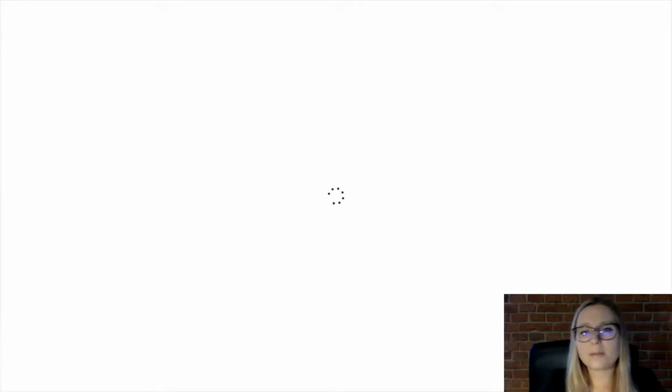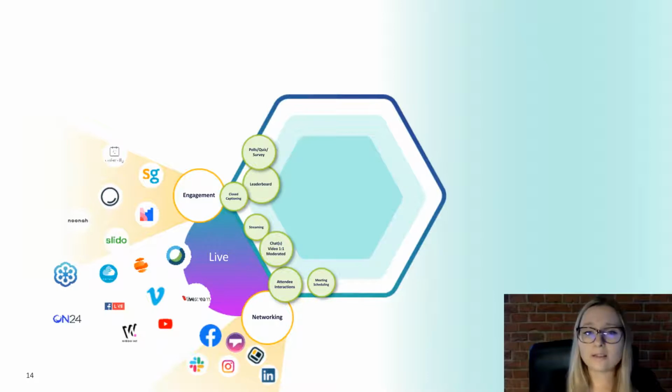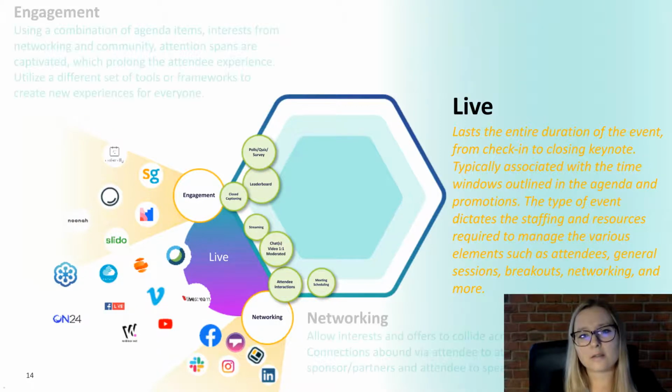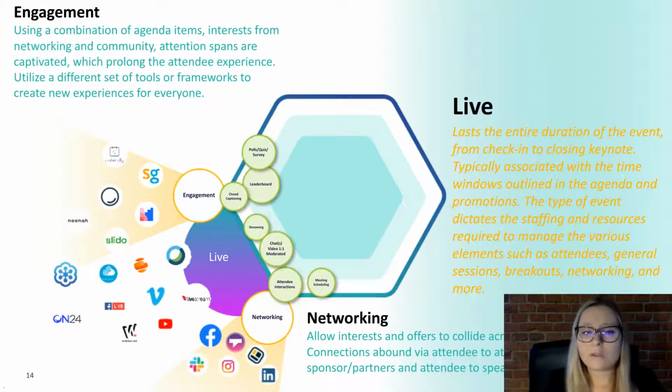Then the big moment comes, right? We're going live, and there are two things that are the most crucial during that period. First, you as the organizer need to have a system in place, a tool maybe, that is going to enable you to react to any abrupt changes in real time, and that this process is easy, because we know that if anything can go wrong during an event, it is going to happen when it's already live.